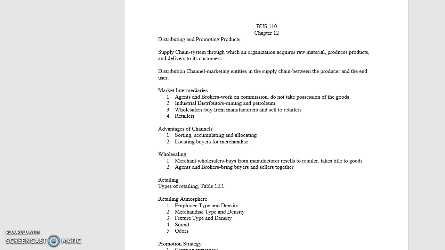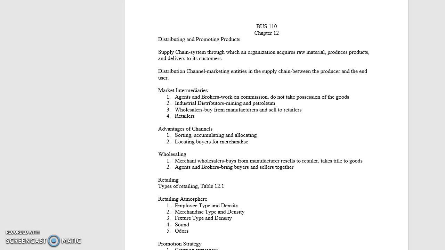Industrial distributors, you don't see this a whole lot. Usually it's in really industrial fields, like mining and petroleum and aircraft manufacturing. What happens is that they will buy a lot of very similar products from different producers, and let's just work on mining.